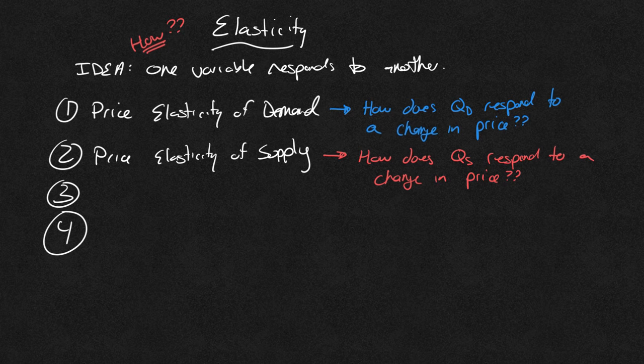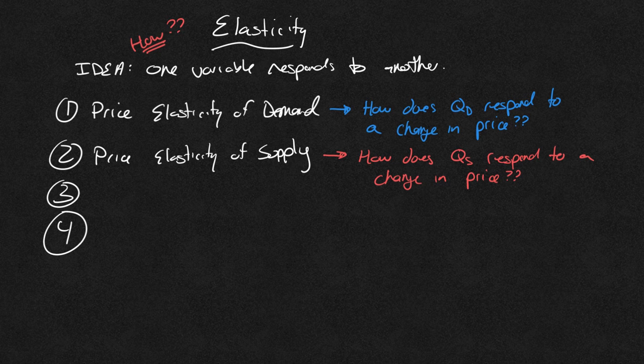So again, it's asking in this case, how does the quantity supplied respond? Remember, elasticity is just responsiveness. How does one variable respond to another? With the price elasticity of supply, how does that quantity supplied respond to a change in price? So if the price of something increases, how will the quantity supplied change?